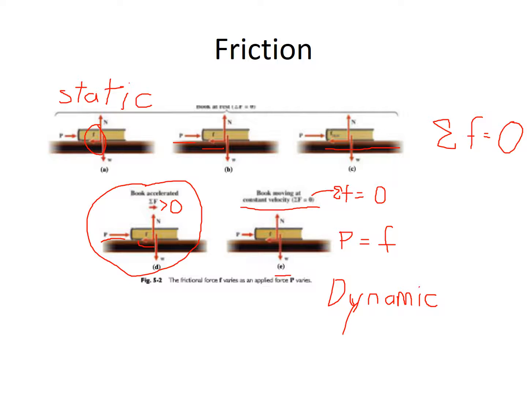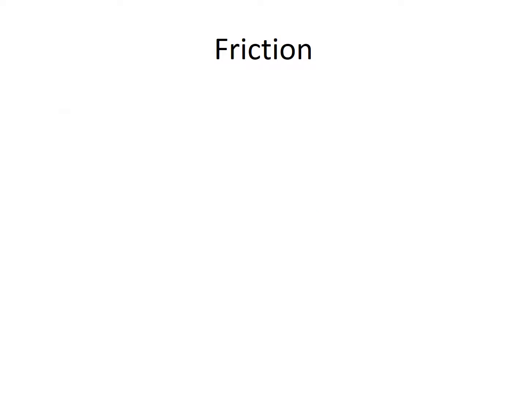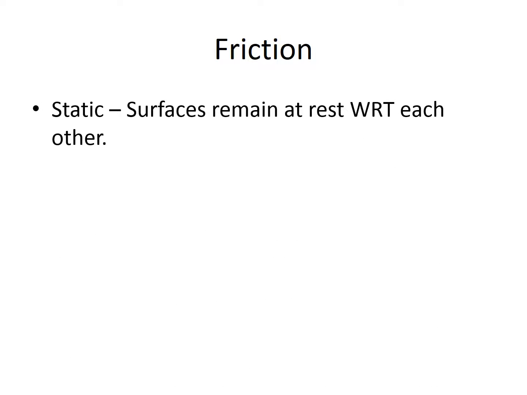Static equilibrium, acceleration, dynamic equilibrium. The frictional forces come in two flavors. The static friction comes into play, or is created, when the surfaces remain at rest with respect to each other. So in that case, the static frictional force is equal to the applied force, and the object remains stationary.